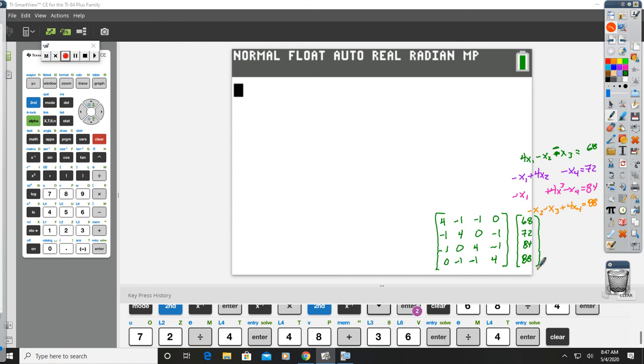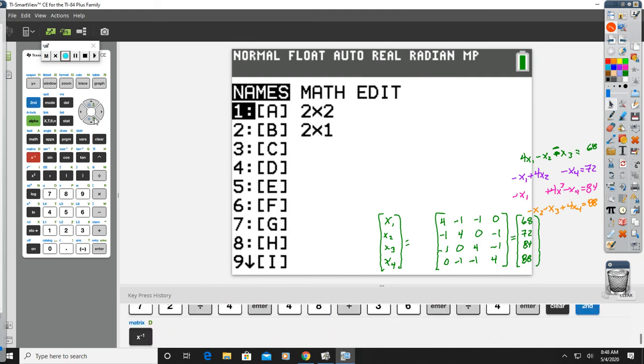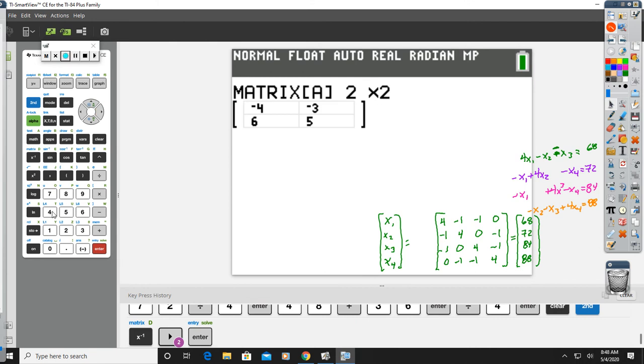So if I multiply these together, my answer matrix would be x1, x2, x3, x4. Okay? So when I multiply these, I have to take the inverse of this and multiply it together. So anyways, let's go ahead and type this into our calculator. I'm going to go second matrix, edit matrix A, and make it a 4 by 4.